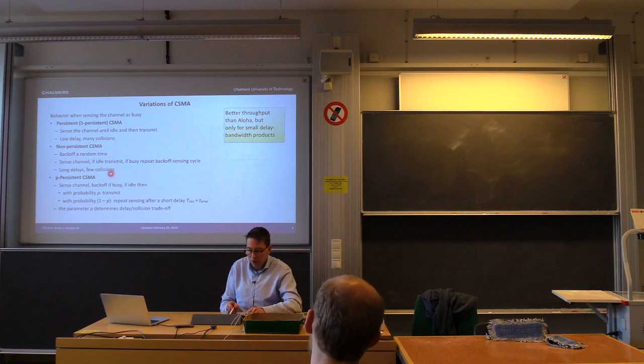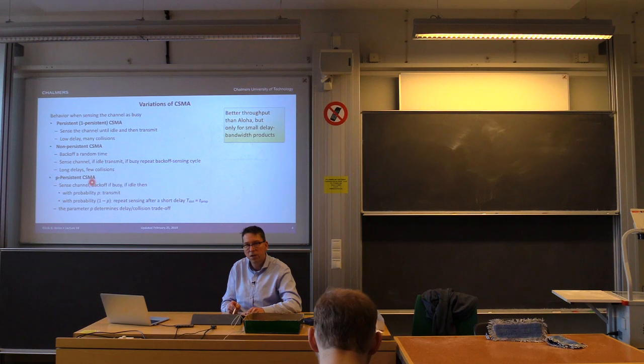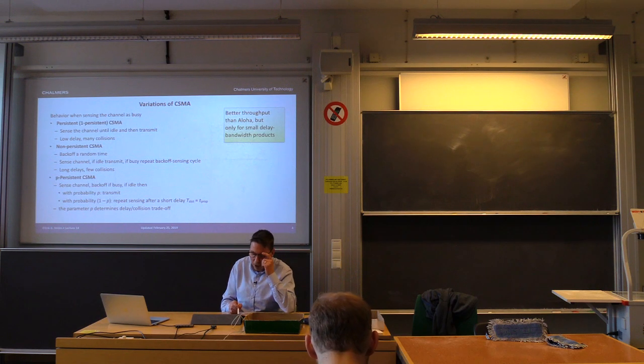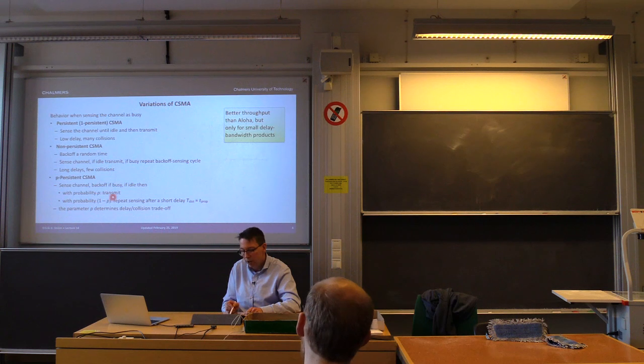And then there is a compromise between the aggressive and the very non-aggressive method, called P-persistent CSMA. What we do here is we sense the channel and we back off if it's busy. If it's idle, then with a certain probability, P, we transmit.